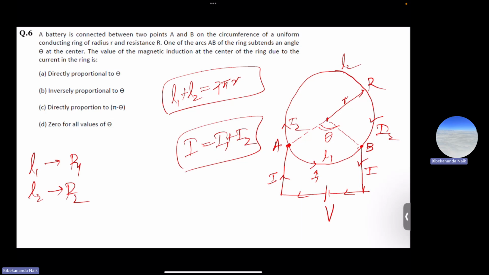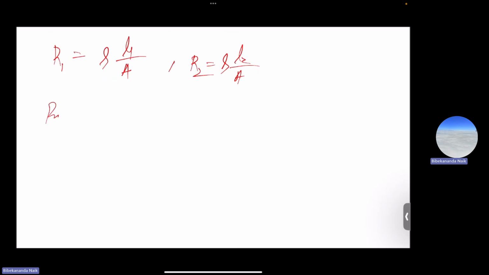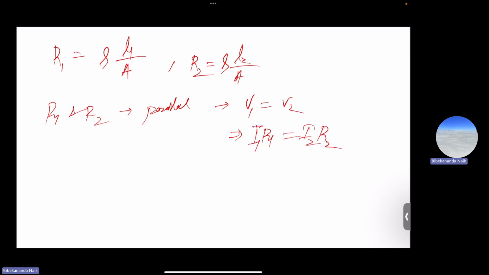So what will be the value of voltage? The voltage drop across both the portions will be equal. R1 and R2 are in parallel, so V1 equals V2. V equals IR, so I1 R1 equals I2 R2.